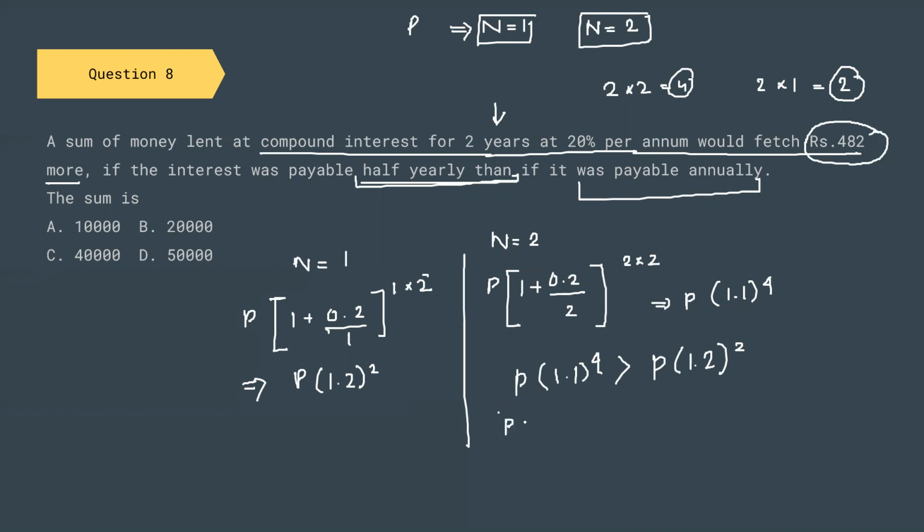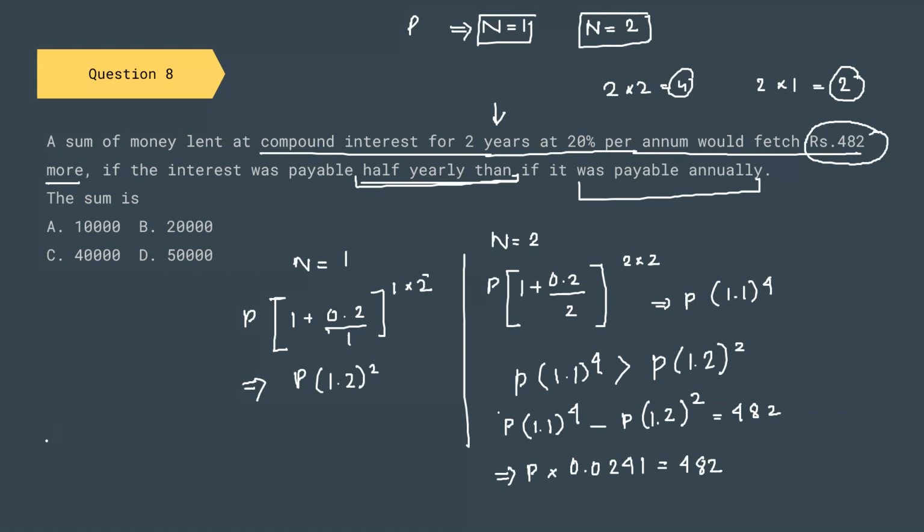So we can write P into 1.1 to the power 4 minus P into 1.2 to the power 2 equal to 482. So the difference between them is P into 0.0241 is equal to 482.